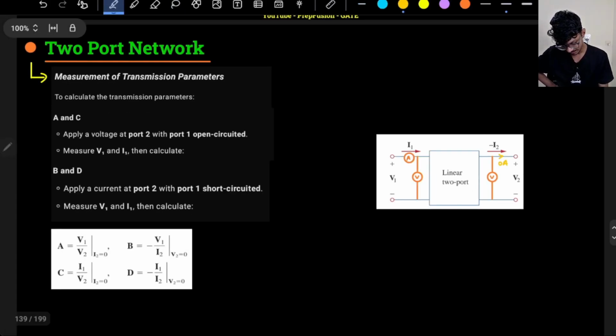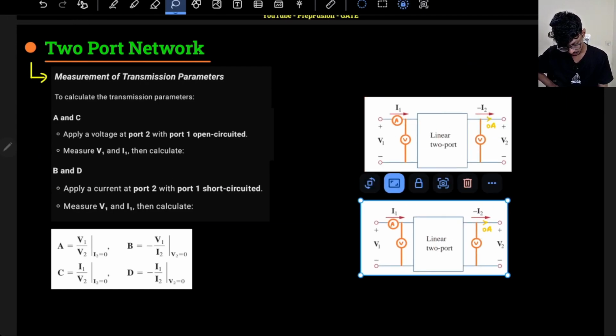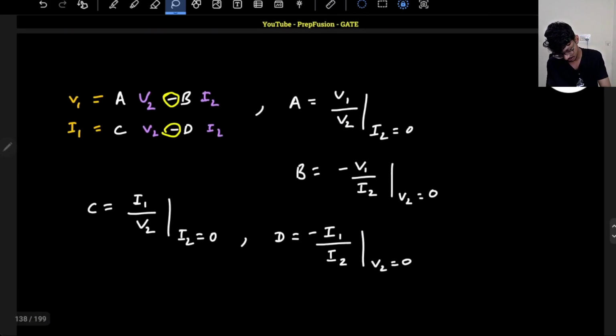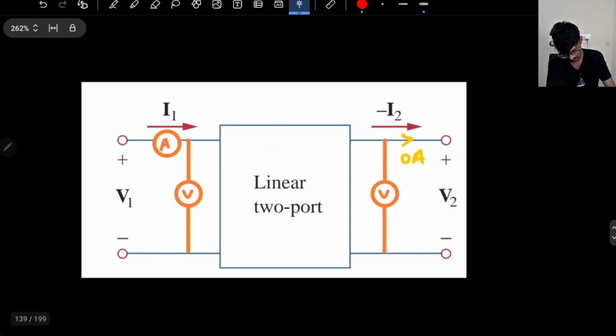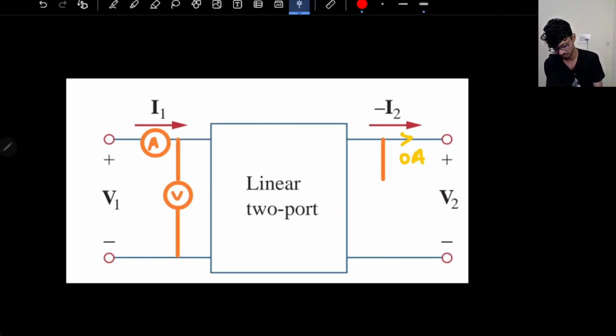In the next case, the ammeter will be connected on the right hand side, and V2 will be 0, so the output will be short circuited. The voltmeter will not be there on that side, and an ammeter will be connected here.